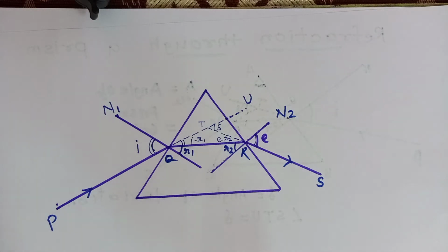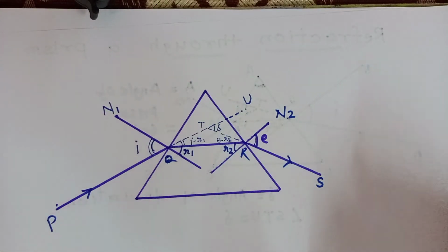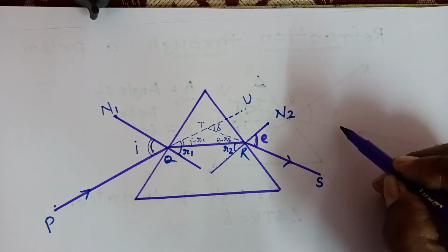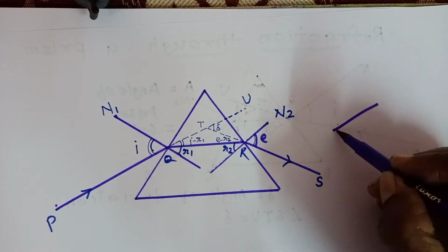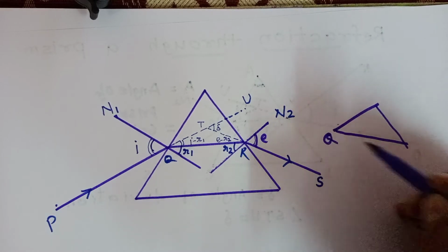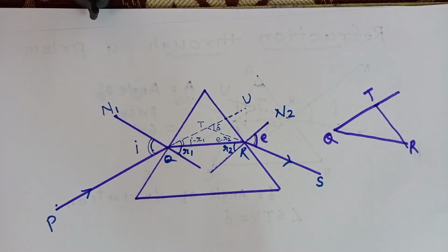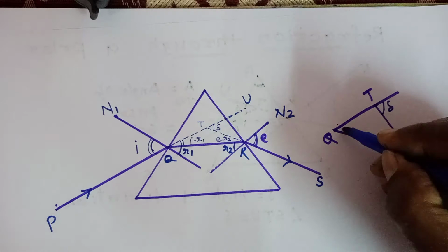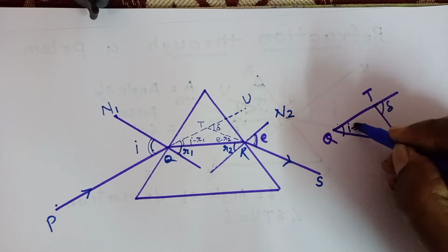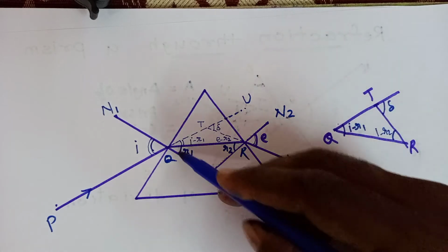Now what we can do? We can use the exterior angle. The exterior angle is this delta. In this triangle QRT, we have delta, and this is I minus R1, and this is E minus R2.